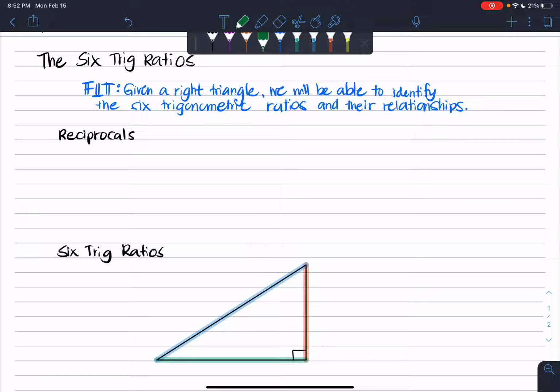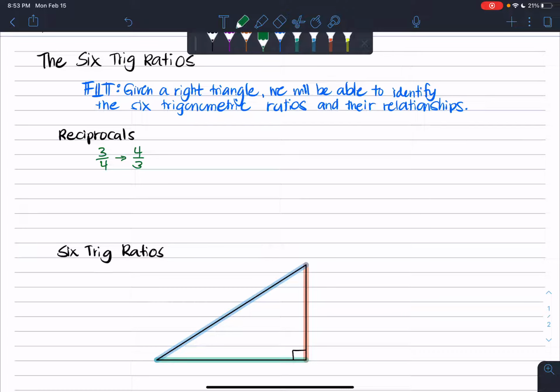Let's say we have the number 3/4. All right, let's take the reciprocal of 3/4. So when we do that, we just flip the numerator and denominator to get 4/3. Okay, and that's it.